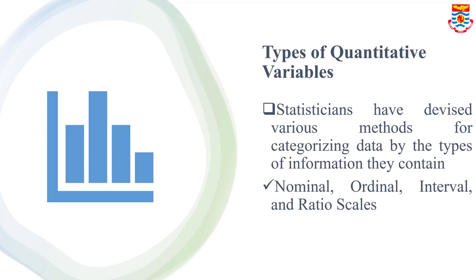But the next level, which is higher on the scale, is the ordinal. Here, all the attributes of nominal are here, but the values have an implication. It's rank.